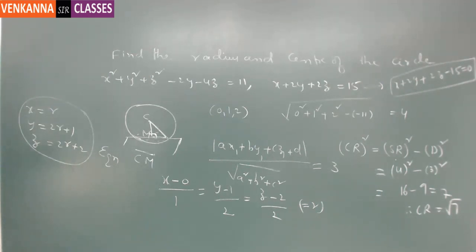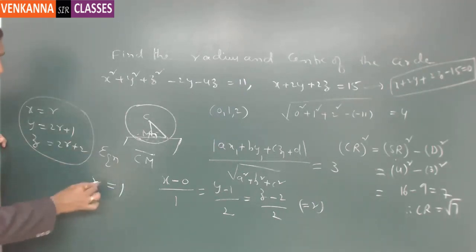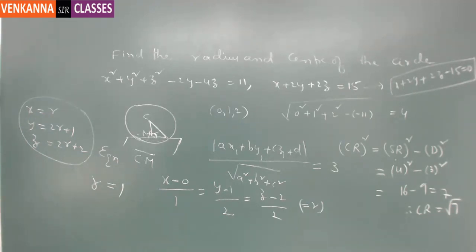So here r will be equal to 1. Substituting the r value here, the foot is nothing but 1, 3, 4, which is nothing but the center of the circle. You can check whether r is equal to 1 or not by substituting the values in the plane equation. Please confirm your work.